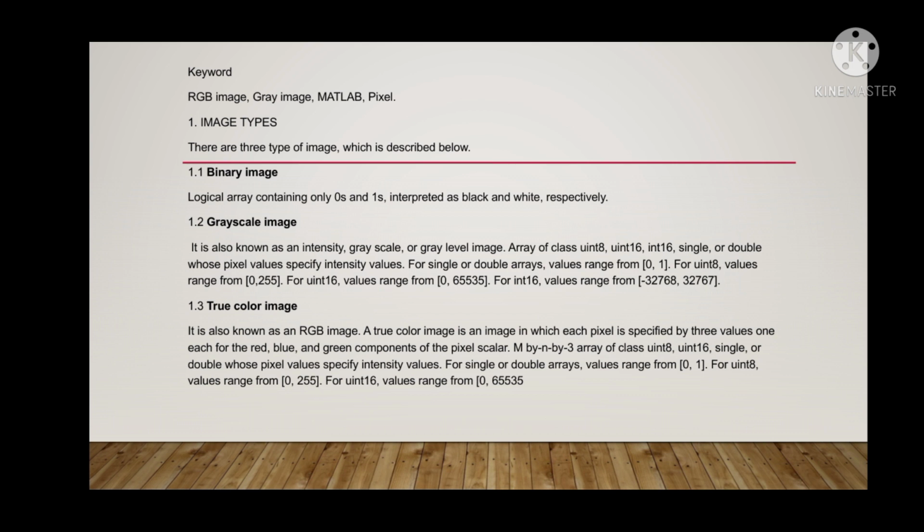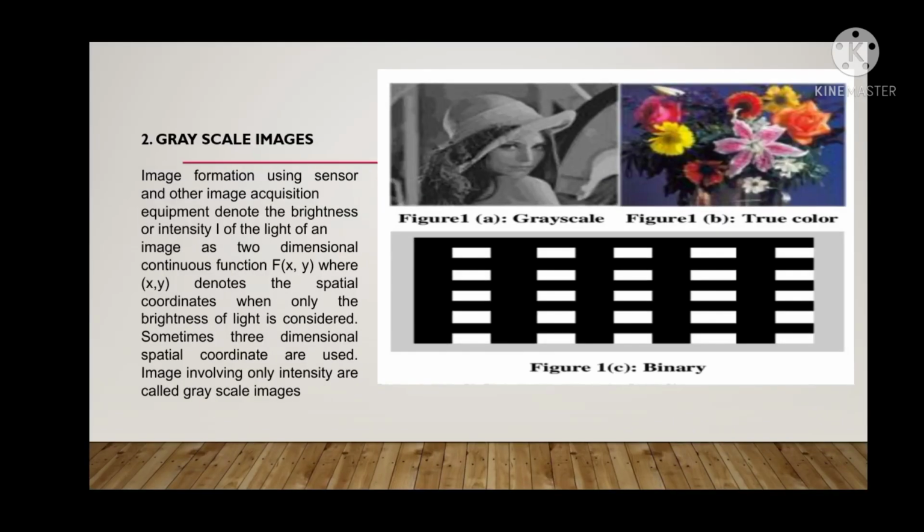It is an M by N by 3 array of class uint8, uint16, single or double whose pixel values specify intensity values. For single or double arrays, values range from 0 to 1. For uint8, values range from 0 to 255. For uint16, values range from 0 to 65,535.